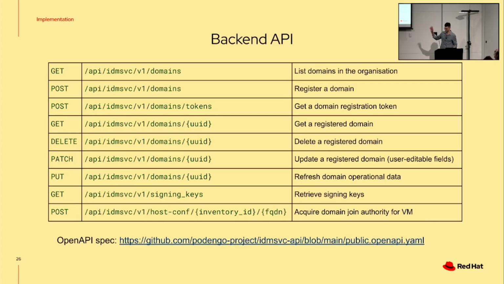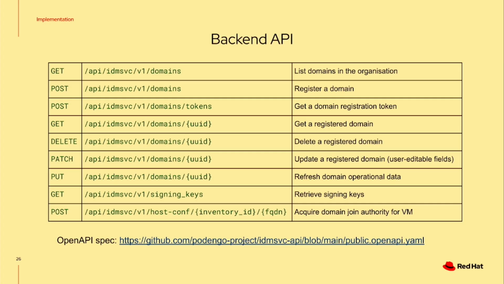The API is mostly boring CRUD stuff. The only special stuff is the tokens resource, which gets a registration token, and the host conf resource, which is when the client is asking the backend, do you have a domain for me to join?